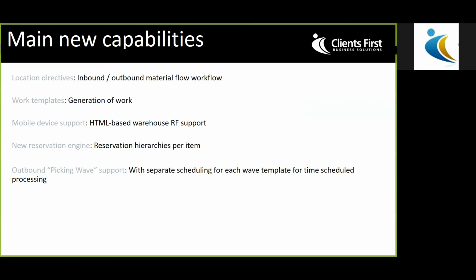And these reservation hierarchies are really very flexible, but basically you may tell the system that choosing the right warehouse is the most important thing, and then last in, first out. There's many ways that you can set these hierarchies for reservation, but it basically gives you more control on how items are reserved and who gets what first and where it should be taken from.